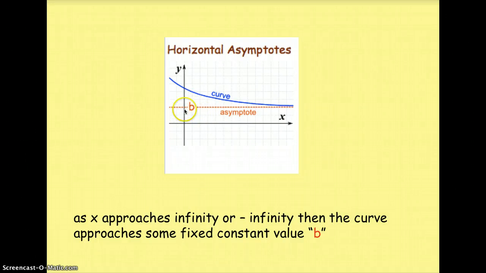This b is your value at y, and when you make a horizontal line, that's the boundary of your curve, or the boundary of your exponential model. Your curve is not going to go beyond that b. For the horizontal asymptote, as x approaches infinity or negative infinity, the curve approaches some constant value of b. Just like I mentioned, it will not go beyond b.